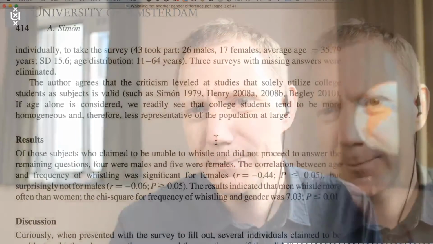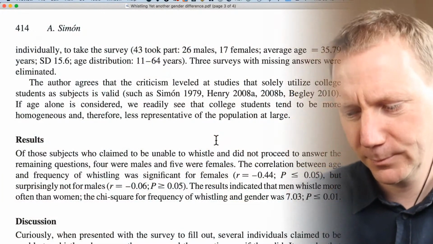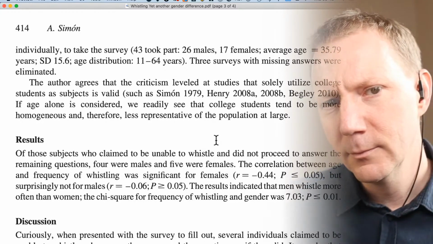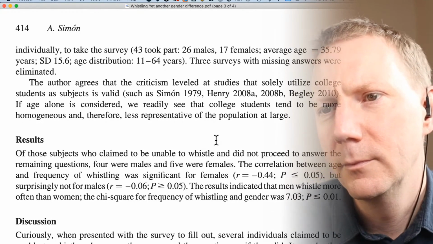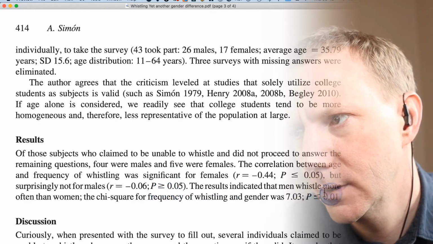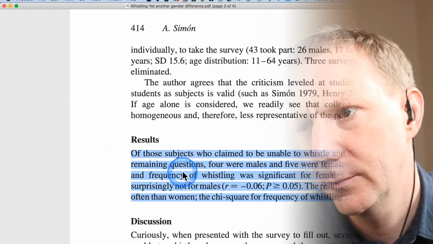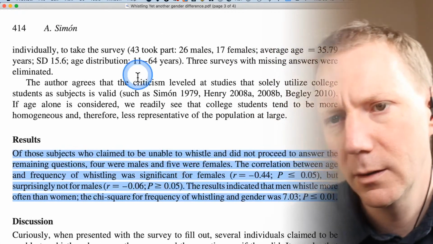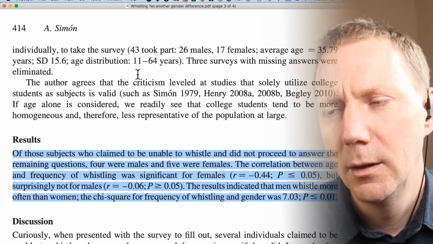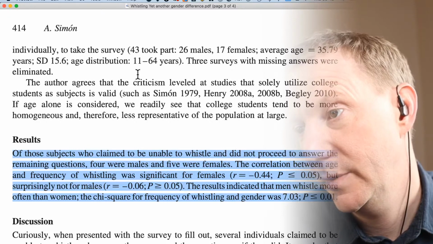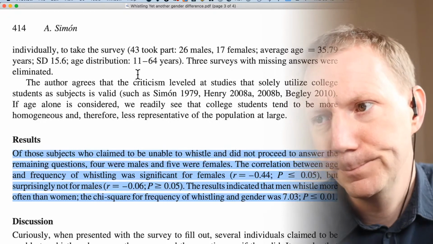And actually, what is missing from the results? The degrees of freedom? Also, yes, we're missing the degrees of freedom in your chi-square value.